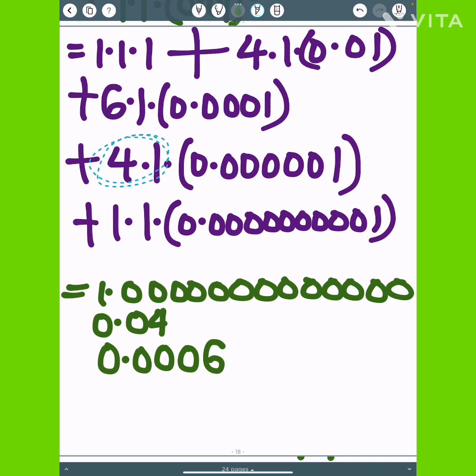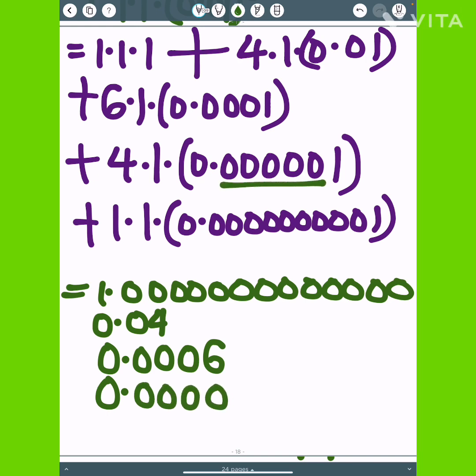4 times 1 here is 4. Then 4 times this value will give you 0.0000004. How many zeros do we have here? 5 before the 1. So 1, 2, 3, 4, 5. I'll add 1, then 4. So that's my fourth term.